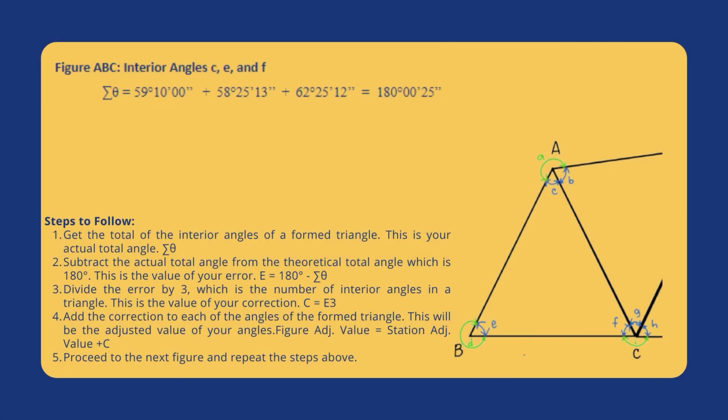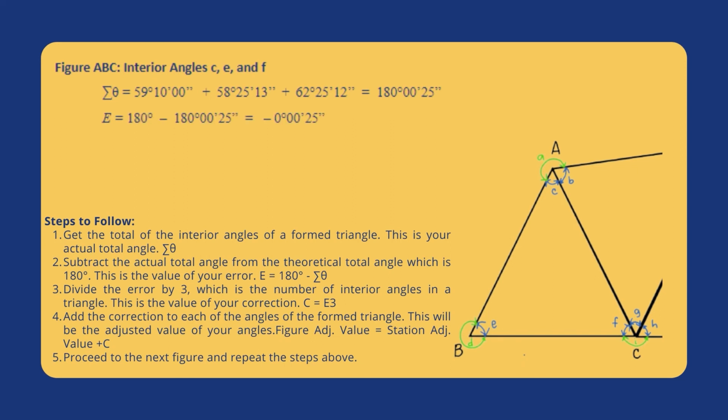For the figure method, we also have 5 steps to follow. We can see in figure ABC that we have interior angles C, E, and F. We then have 59 degrees and 10 minutes plus 58 degrees, 25 minutes and 13 seconds plus 62 degrees, 25 minutes and 12 seconds, which then equates to 180 degrees and 25 seconds.